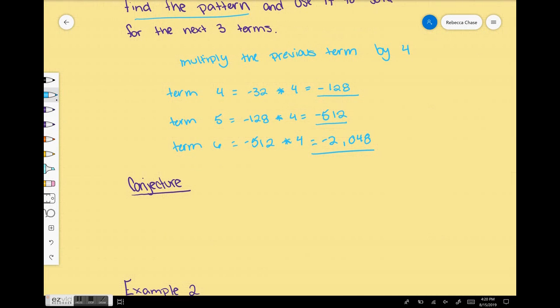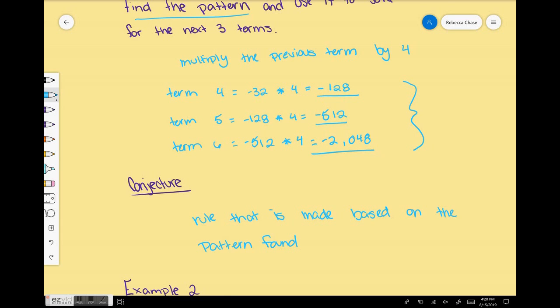So let's look at what we just did there. What we did was we made a conjecture. A conjecture is a rule based on the pattern that you see. So it's the rule that is made based on the pattern found. What that means is, and this is the sucky part about inductive reasoning, realistically, all of what we just did could be wrong.